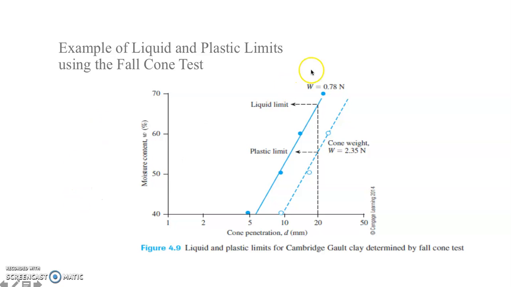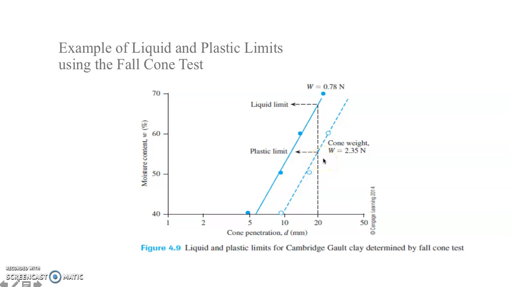Then you connect the dots, and from the x-axis, you obtain the depth of penetration which is 20. Then you draw a line towards the flow curve. You draw a line towards the horizontal along the moisture content on the y-axis. You get approximately the reading for the moisture content that corresponds to the plastic limit for that particular soil.